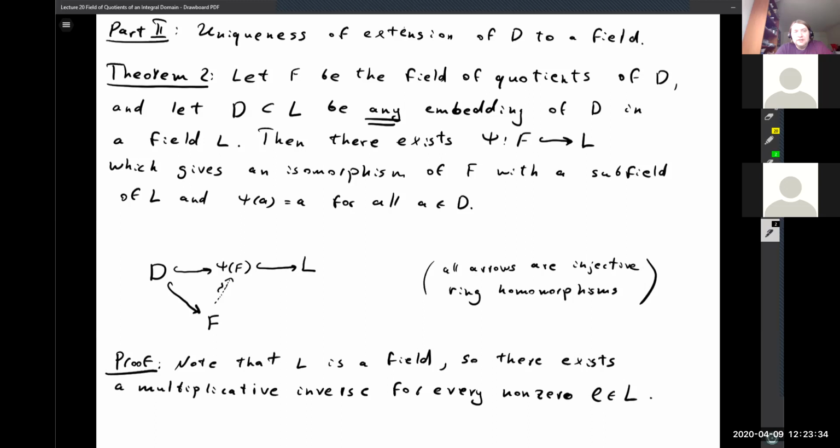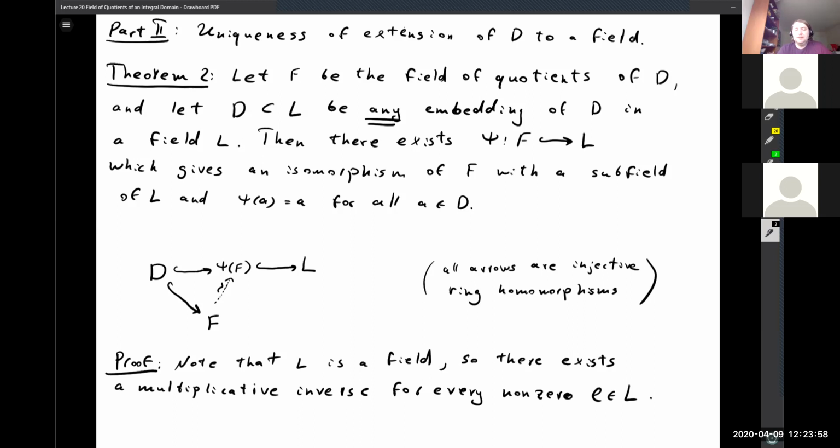And what essentially theorem 2 does is show that this extension is essentially unique. So in other words, if this integral domain can be embedded in any other field, then the field of fractions of this integral domain is just a field of L. So that's what we just proved.